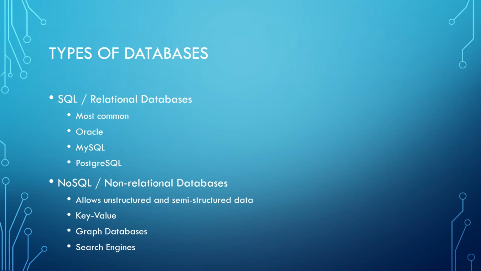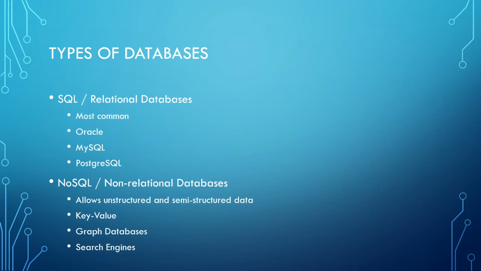Now let's talk a little bit about non-SQL or non-relational databases. Non-SQL databases can take a variety of forms. This is mostly because they are grouped together based on just the fact that they are non-SQL databases. But the main difference between non-SQL and SQL databases is that in SQL databases, the schema will rigidly define how data can be inserted into the database, and non-SQL databases do not place restraints on how data is added or not added.